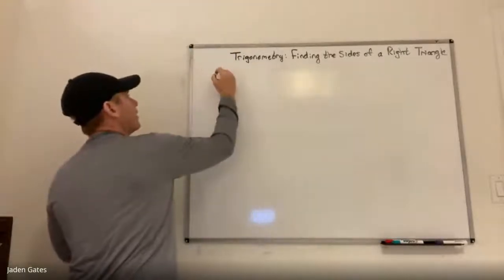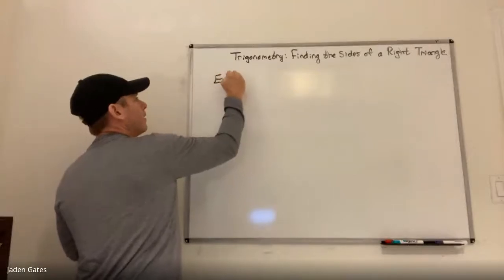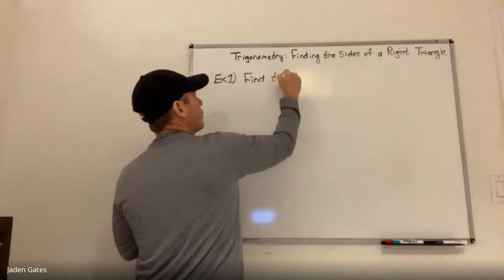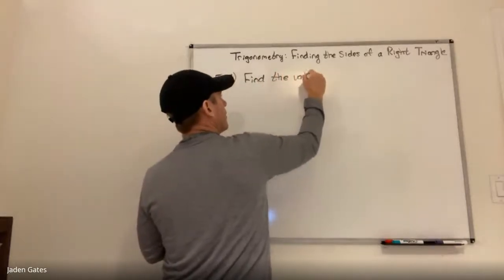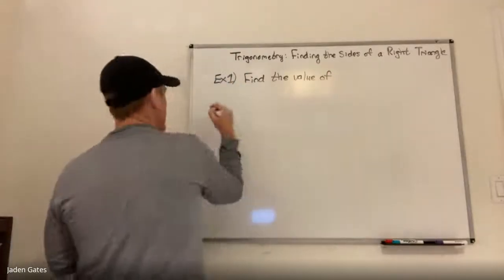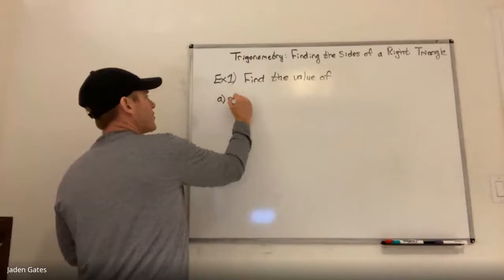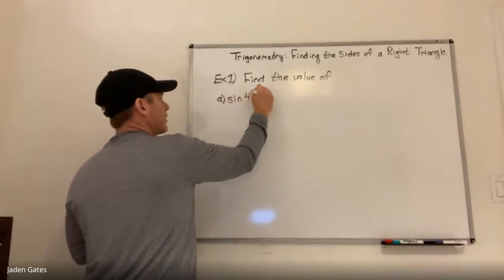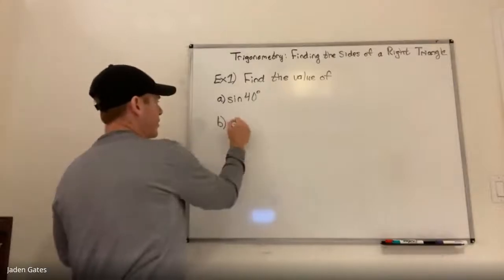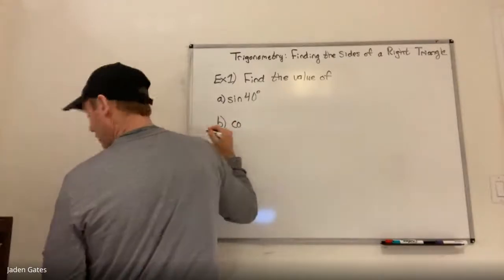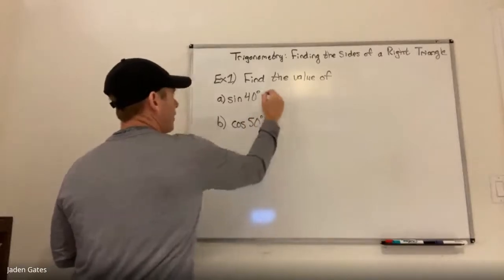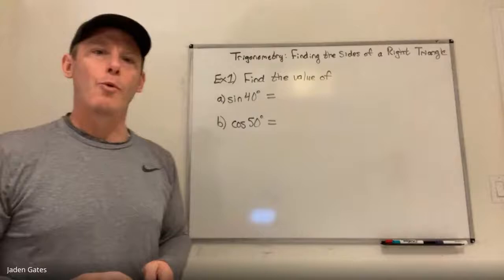Example 1. Find the value of the following. So we've got A, sine 40 degrees, B, cos 50 degrees. We'll get to C and D, a little more involved.